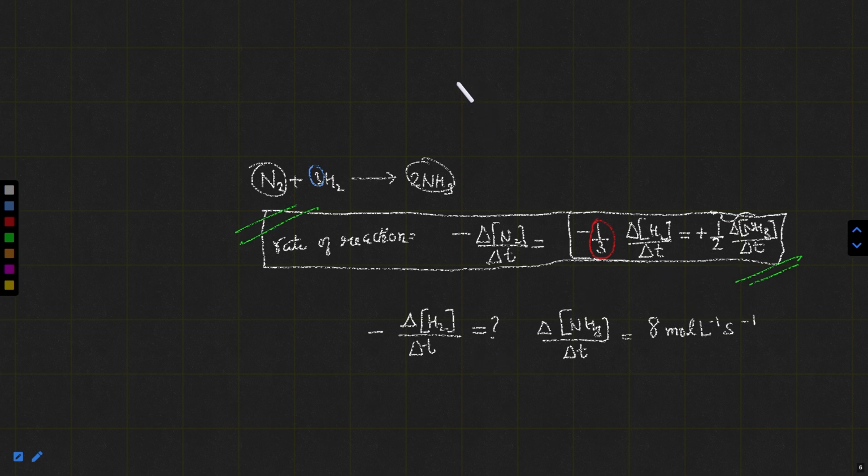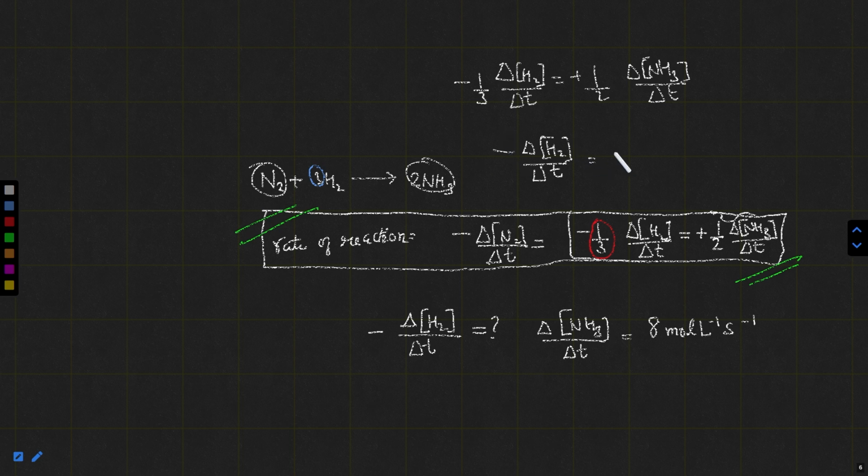So this will be equated as minus 1 by 3 delta H2, sorry, by delta T is equal to 1 by 2 plus delta NH3 by delta T. Now we can write this as this thing.